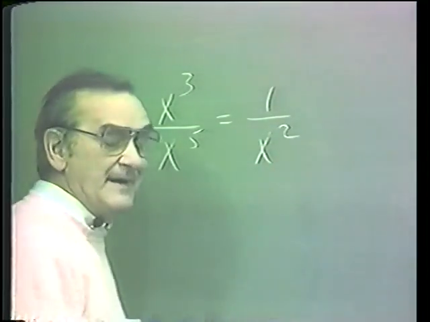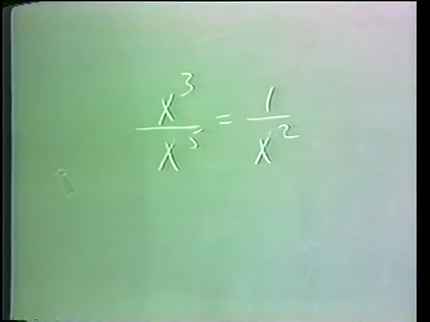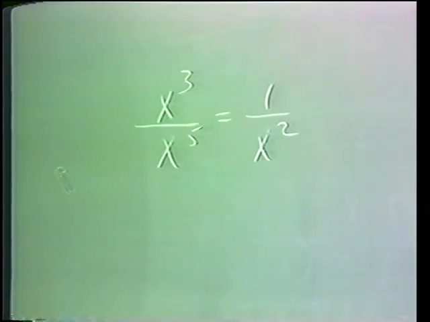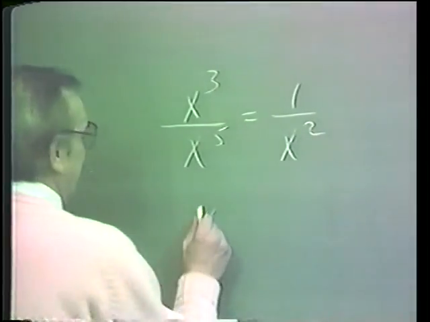That's by property 3. Property 3 says anytime you divide like exponents, and the largest exponent is in the denominator, your base is going to end up in the denominator. You subtract the exponents.